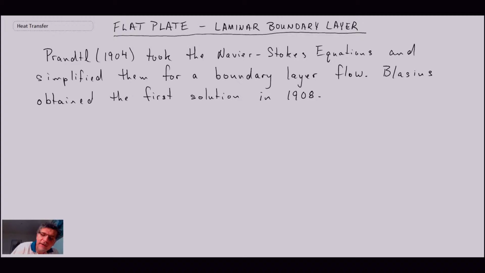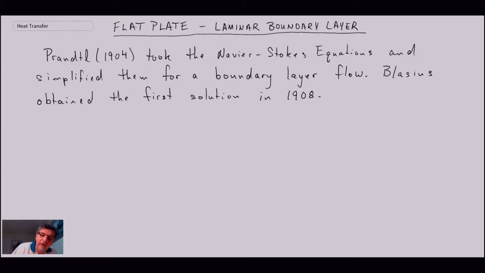One thing that I should say is that no exact closed form analytical solution exists. The Blasius solution only comes about by doing numerical integration, and consequently you get a table of values that you can use for the velocity.